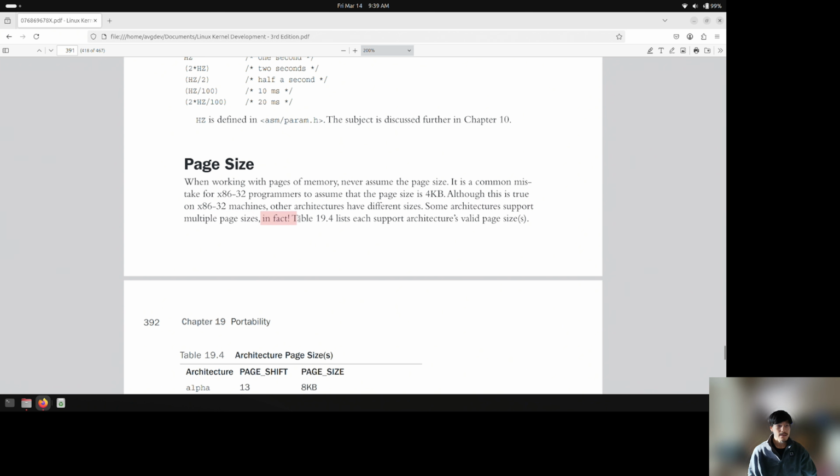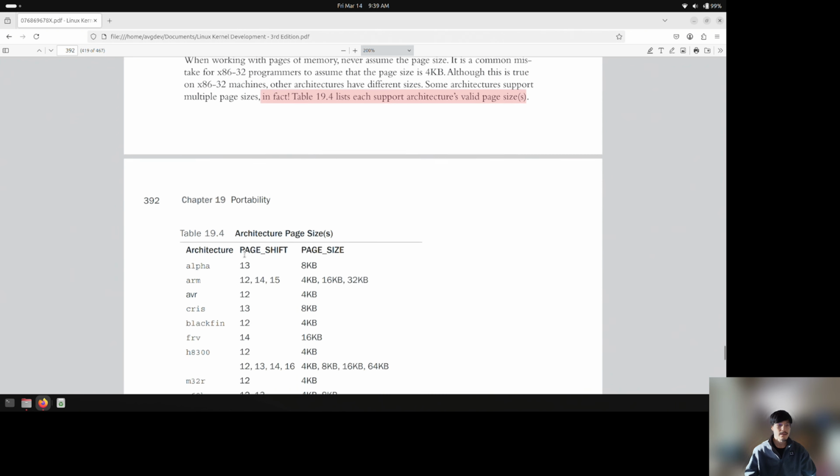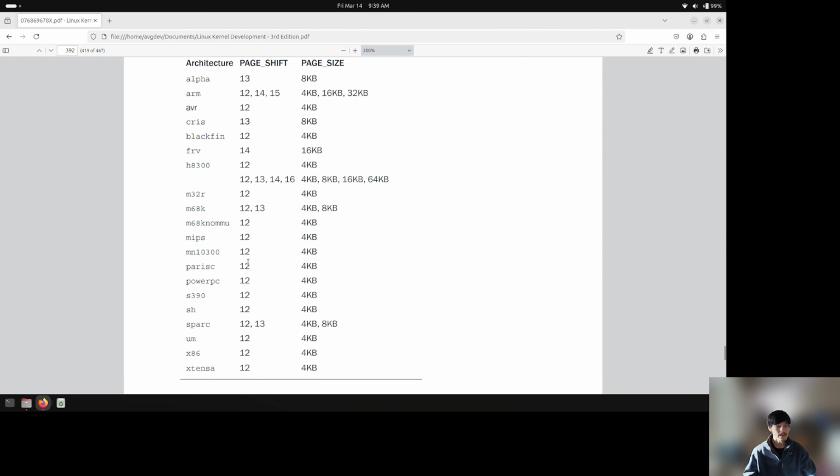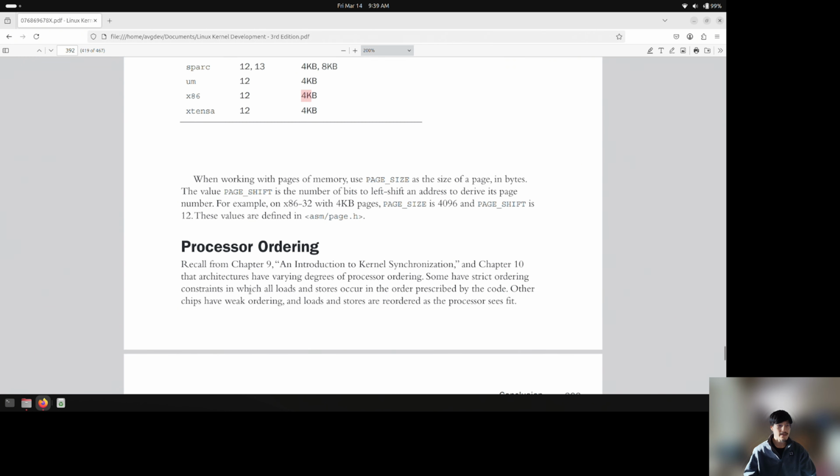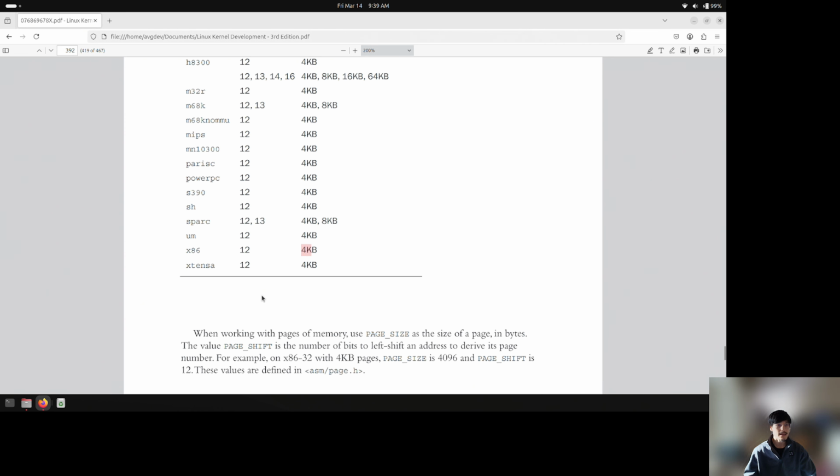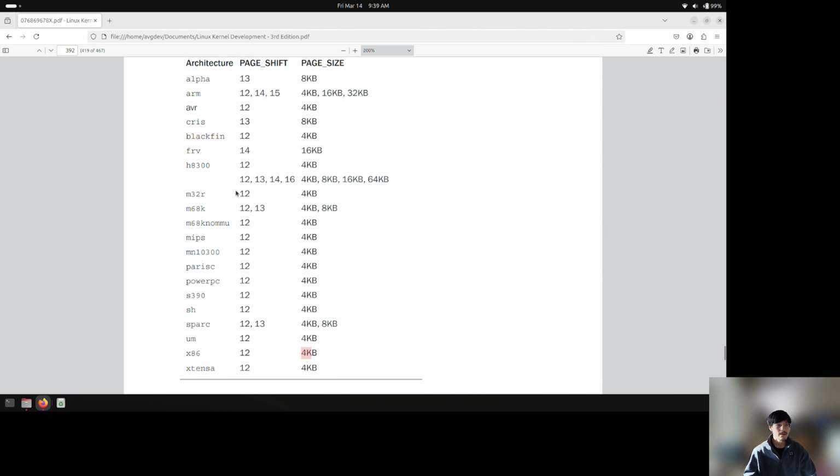In fact, Table 19.4 lists each supported architecture's valid page sizes. So let's see, x86 here is 4 kilobytes. I'm guessing x86-64 also supports 8 kilobytes. So this is just a variety.